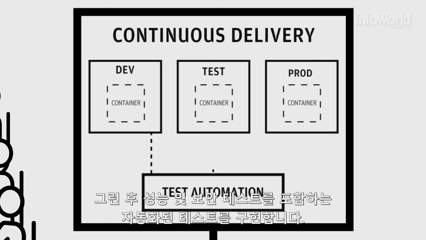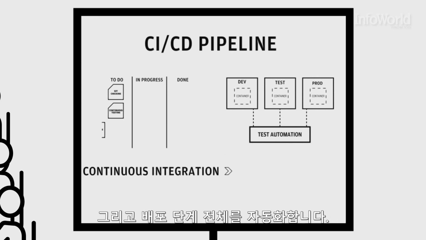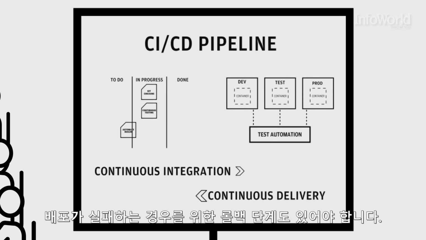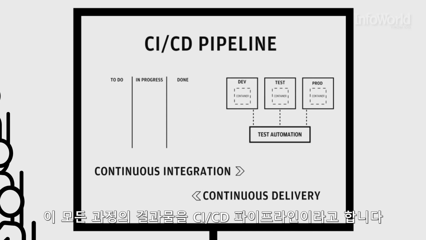You then implement automated testing, including performance and security tests, that can run during the delivery process. And you must automate all the delivery steps and have equivalent rollback steps in case a delivery ever fails. The result of this whole process is called a CI/CD pipeline.